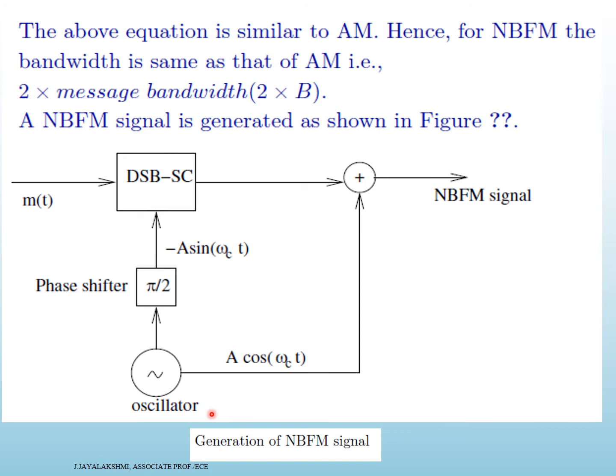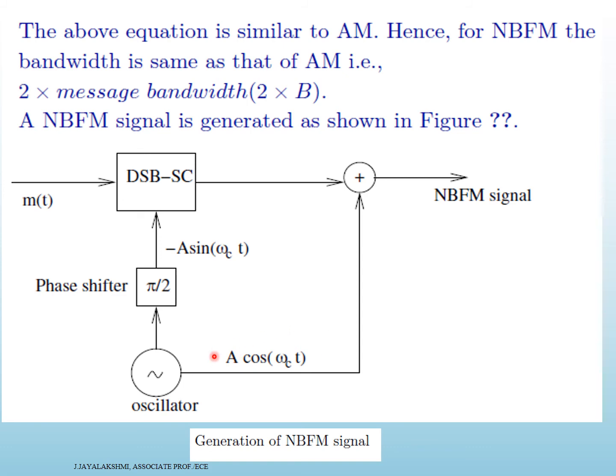Every communication system needs an oscillator. This oscillator generates a high frequency signal. It is a default, so you should not forget. The oscillator output gets 90 degree phase shifted on one side, and on the other side you do not perform any phase shift. So A cos omega c t, with 90 degree phase shift, becomes minus A sin omega c t.